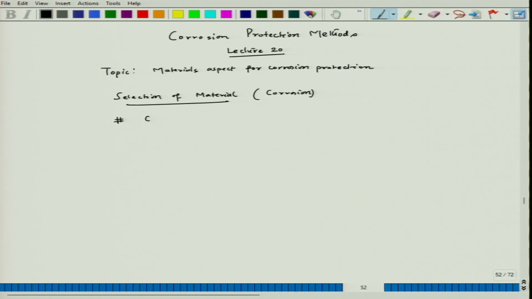Now, when we talk about corrosion related selection of materials, three factors are very important. One is corrosivity of the medium, fine. What do we understand by the corrosivity of medium? Let us consider a cooling water system. A cooling water system can start with fresh water or even potable water.